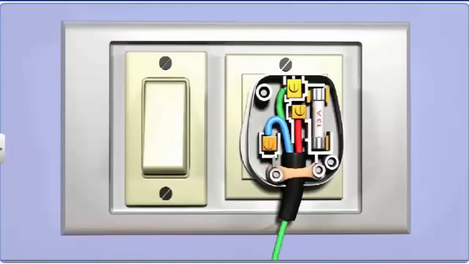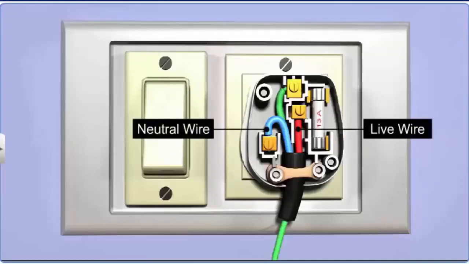In any household electric circuit, in the mains supply, we see 3 wires, namely live, neutral, and earth. Live and neutral wires carry the electric current, whereas the earth wire is used as a safety mechanism.